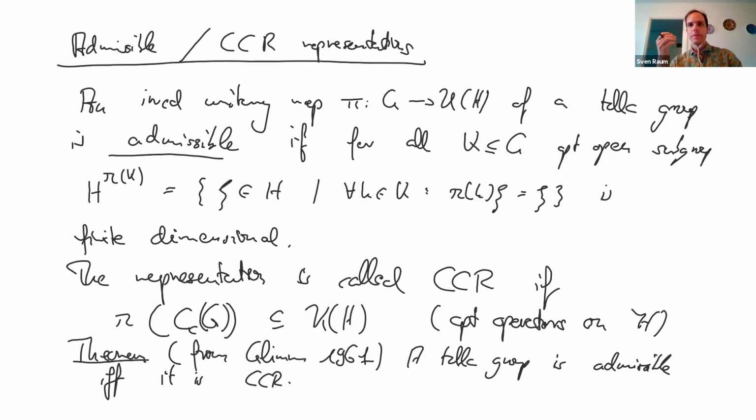In the sense that every unitary irreducible representation is admissible if and only if every unitary irreducible representation is CCR. Okay, so we have a good operator algebraic way to express a classical criterion from the study of representation theory of algebraic groups.